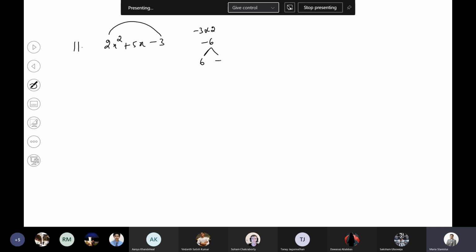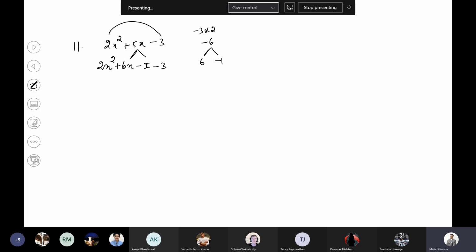Therefore, it would be 6 and minus 1. So 6 into minus 1 will become minus 6, and if you add 6 and minus 1, it will become plus 5. Therefore, let's split this middle term as 6x minus x. It can be written as minus 1x, but it's not necessary that you mention that 1.